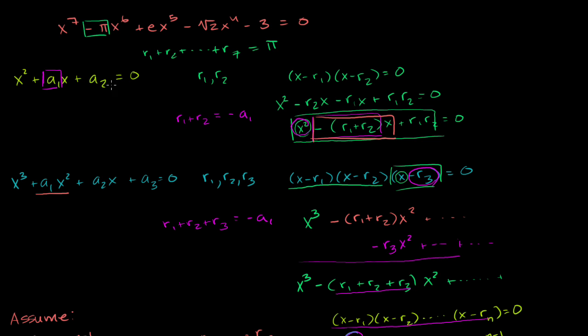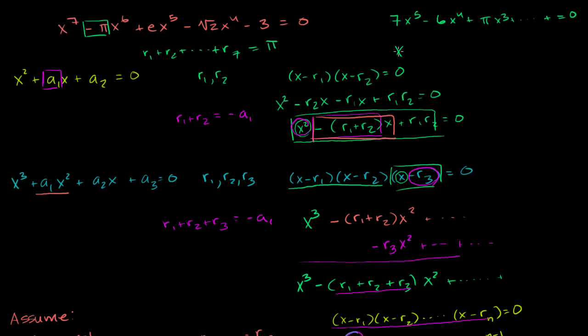And one other thing, you might be saying, hey, wait, every polynomial you did had a 1 coefficient in front of the highest degree term. Not all polynomials have that. And the answer there is, let's say if I were to give you a polynomial, I don't know, 7x to the 5th minus 6x to the 4th plus, I don't know, pi x to the 3rd plus a bunch of other stuff is equal to 0, and you want to find the sum of this polynomial's roots, you first divide everything by 7.